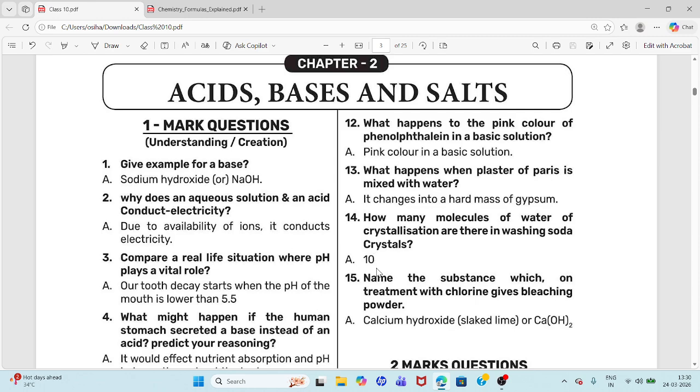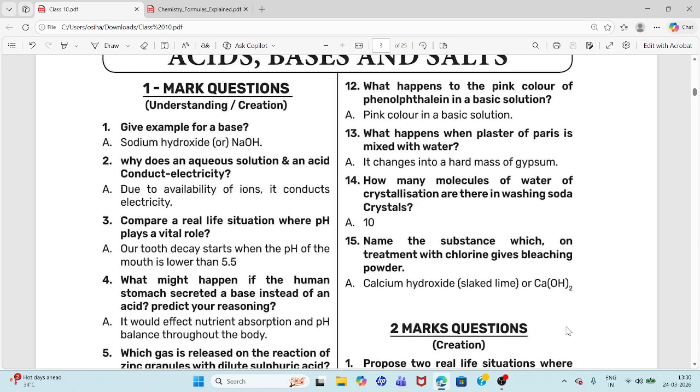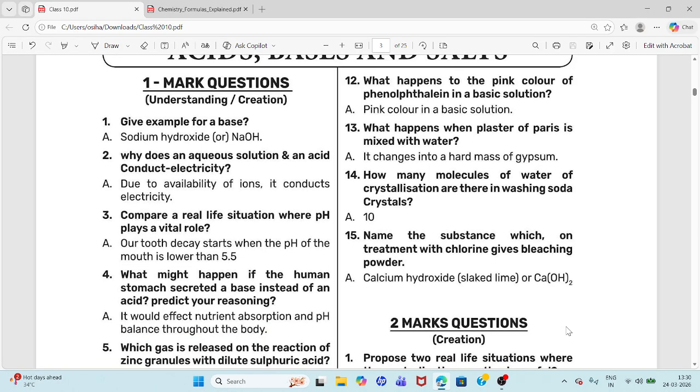Answer: 10 molecules. 15th question: name the substance which on treatment with chlorine gives bleaching powder. Answer: calcium hydroxide, slaked lime or Ca(OH)2. We have learned 15 1 mark questions.